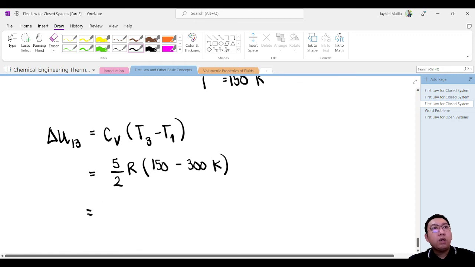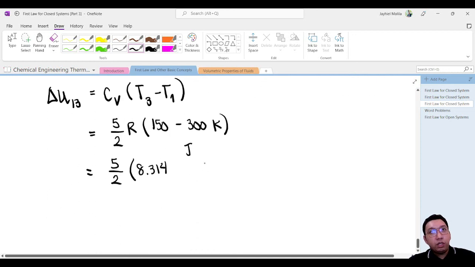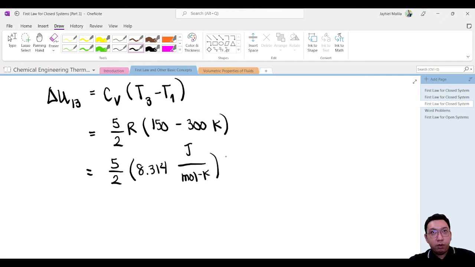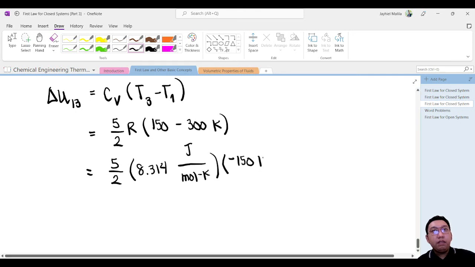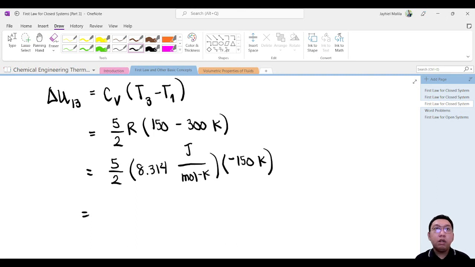Okay. So our R in this case is 8.314. I'm going to use the unit joules per mole Kelvin this time, since the joule version is the more useful one. So 5 over 2 times 8.314 times negative 150.